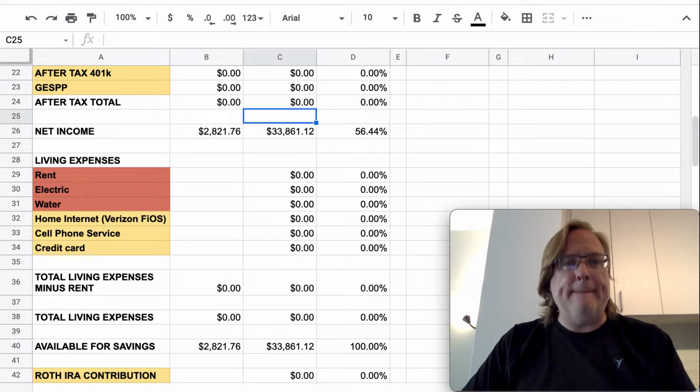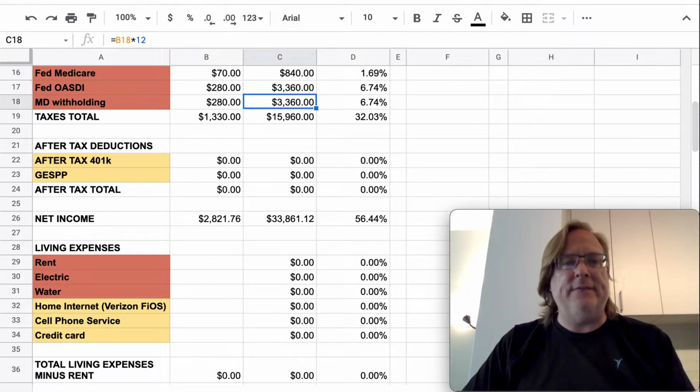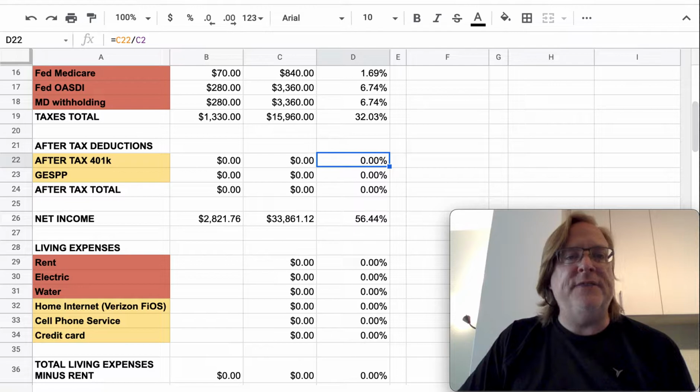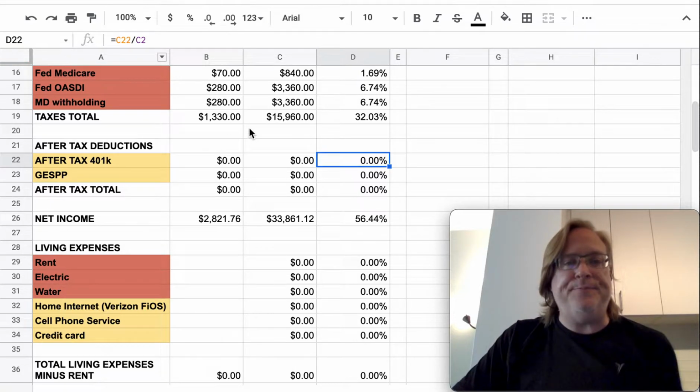There we go, to give the yearly. And then division. Now this is against the gross, the value in C2.